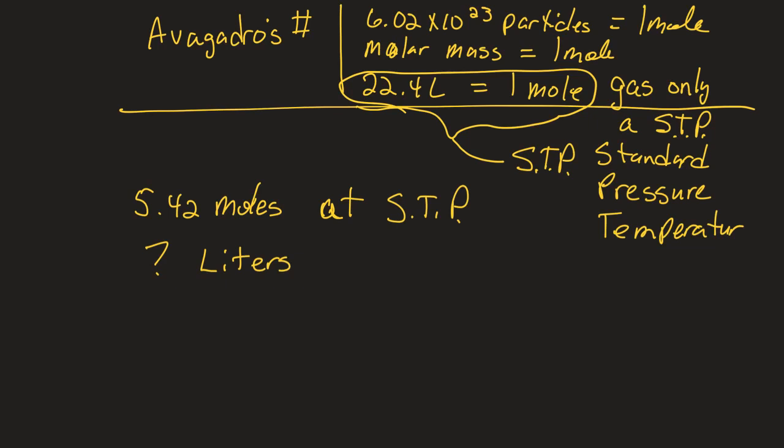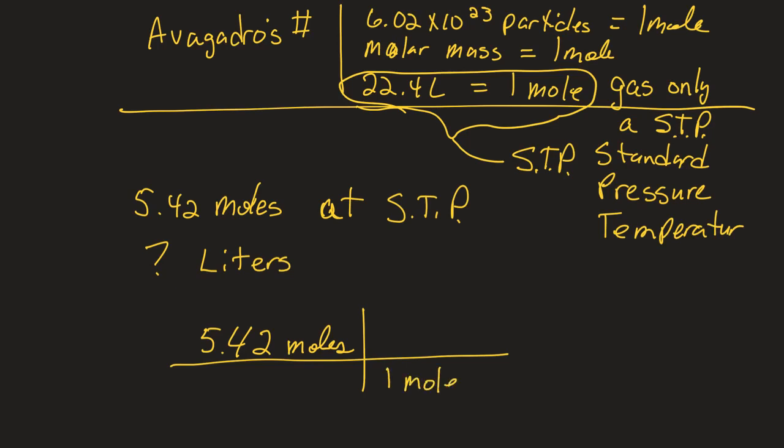So we're going to do another factor label problem. We've got 5.42 moles on the top of my table. If I have moles on the top, I'm going to need moles on the bottom. I want to convert this to liters. So 1 mole is going to go on the bottom. And then on the top is going to be 22.4 liters.